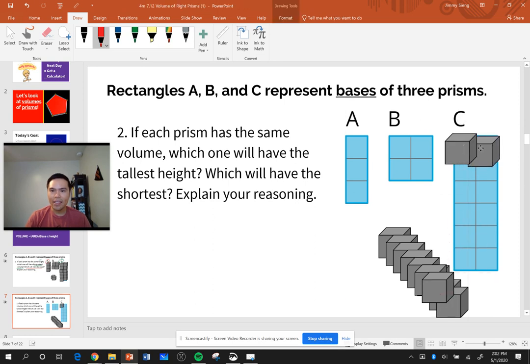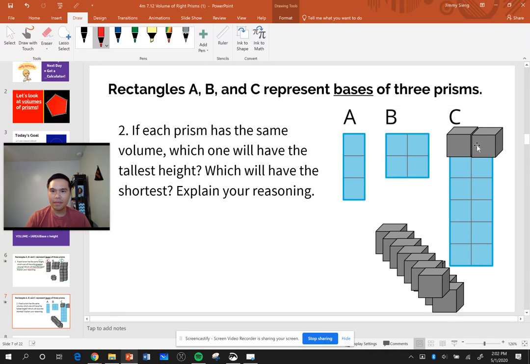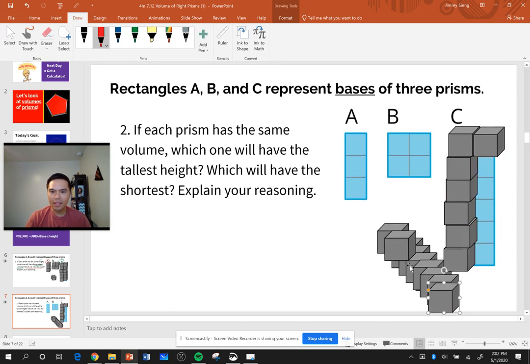If I stack all these inside of C, let's say this is the volume set for A and B. All right, let's see. This isn't going to work. Maybe if I make some duplicates, that's not going to work either.